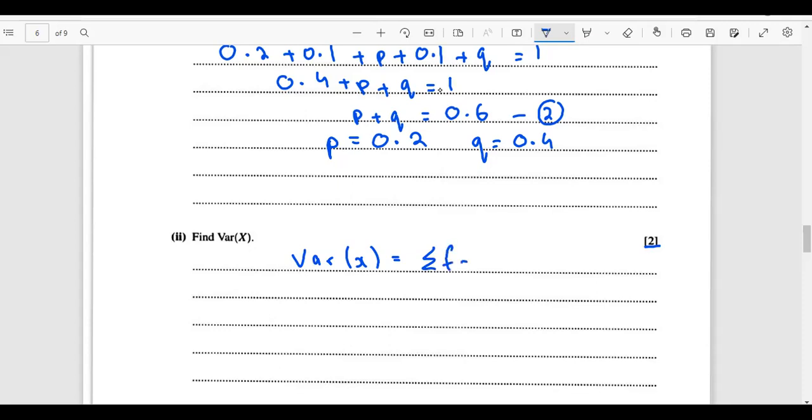So we do summation f x squared divided by summation f, and then minus summation fx over summation f, squared. Any doubts with this formula? Is that the correct formula or wrong formula for variance? It is correct.